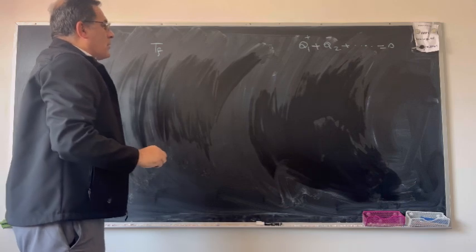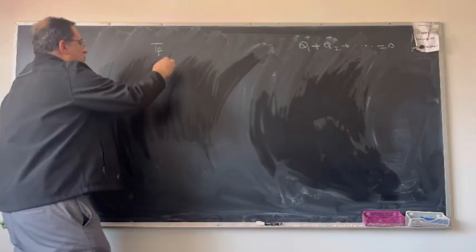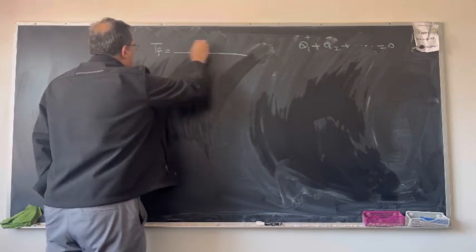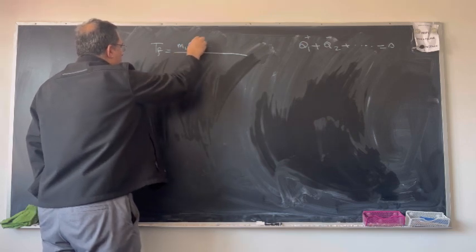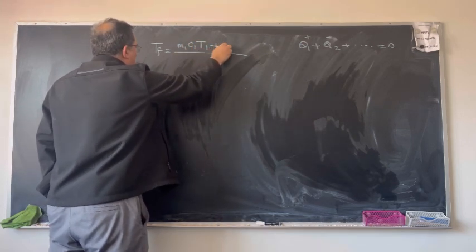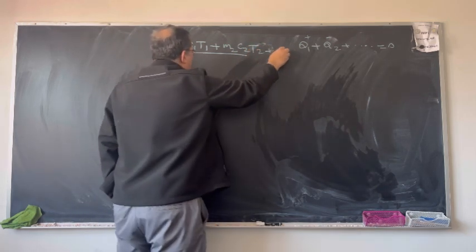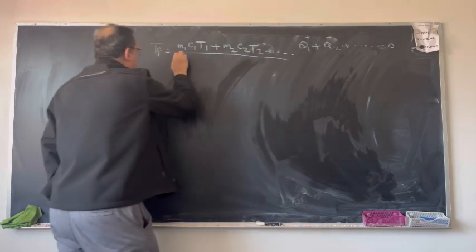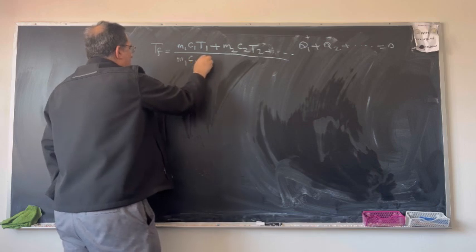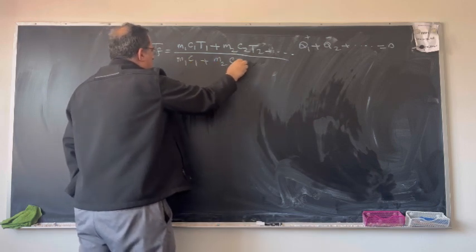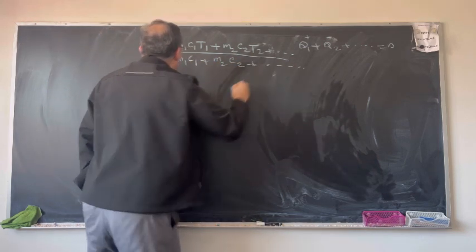So if you mix some materials, it should be M1 C1 T1 plus M2 C2 T2, and so on, over M1 C1 plus M2 C2, and so on.